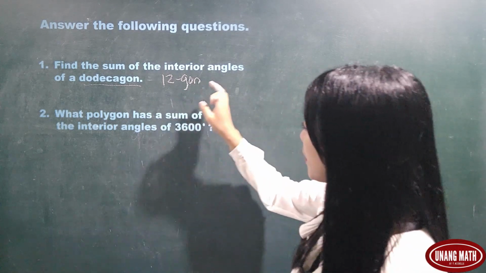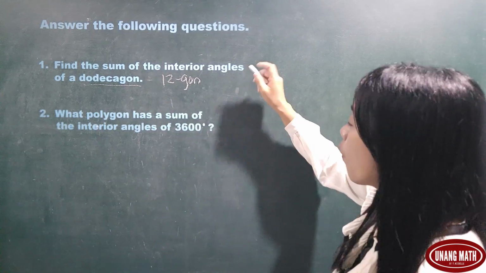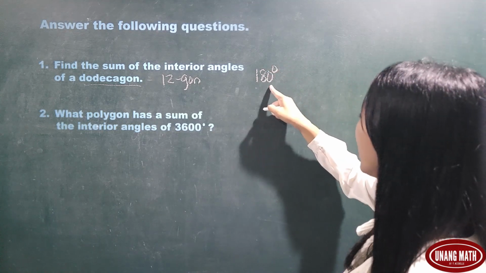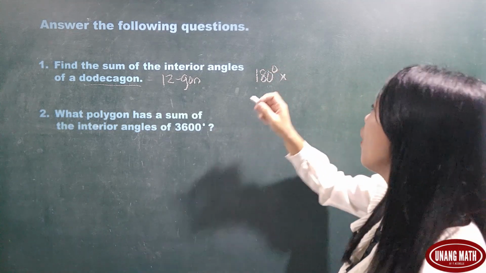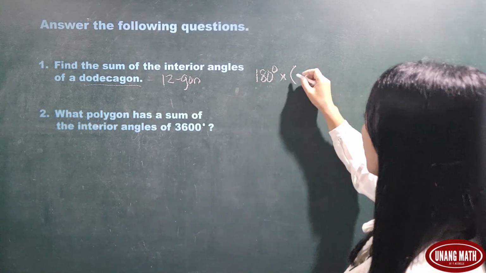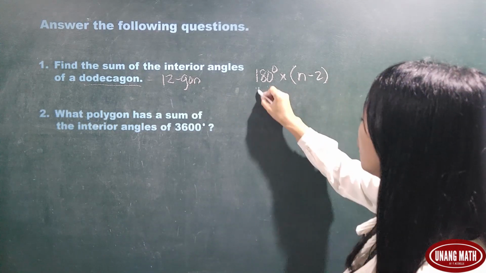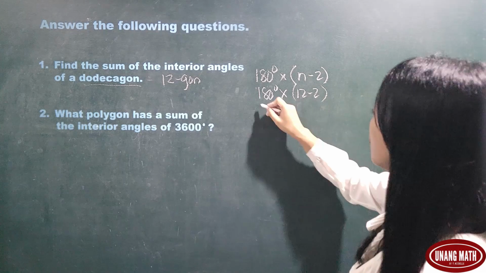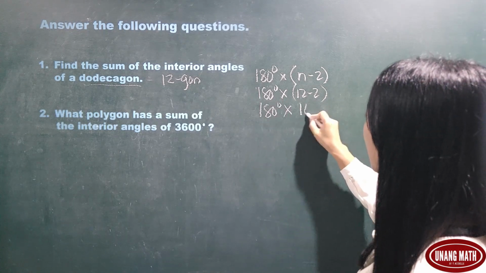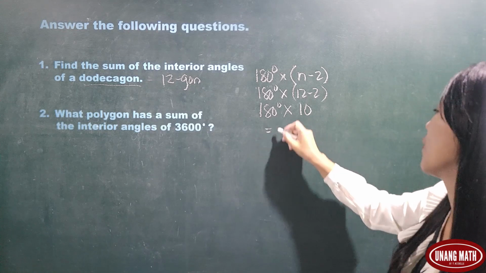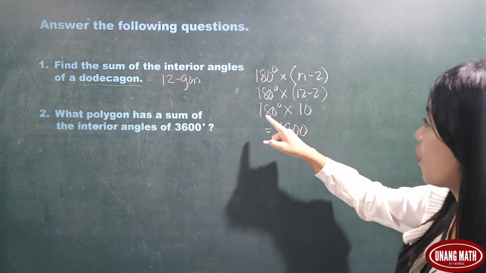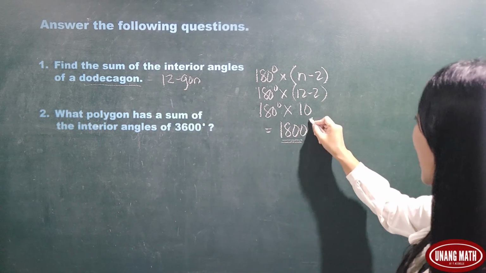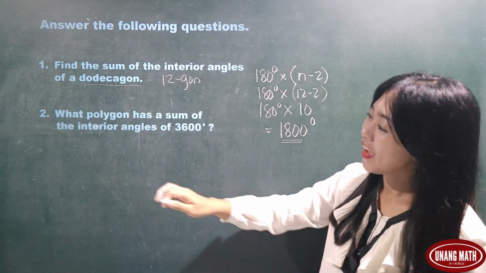So to find the sum of the interior angles of a dodecagon, one triangle is equal to 180 degrees. 180 degrees times the number of triangles in that polygon. So it's going to be n minus 2. So 180 degrees times 12 minus 2. So 180 degrees times 10. And this is equal to 1,800. So the sum of the interior angles of a dodecagon is 1,800 degrees.